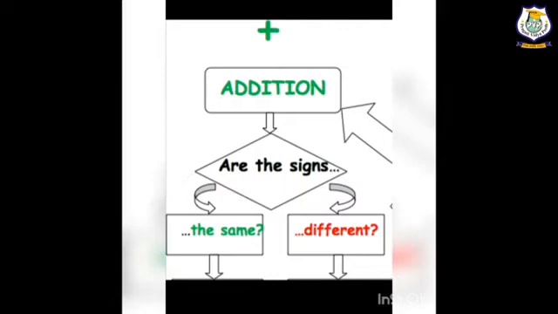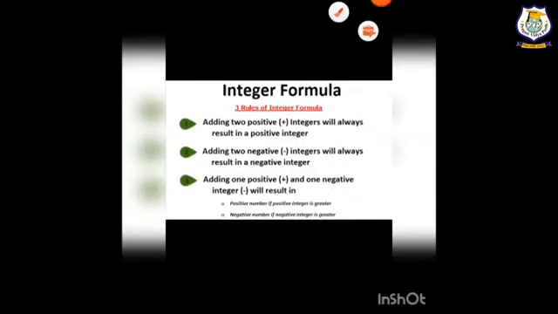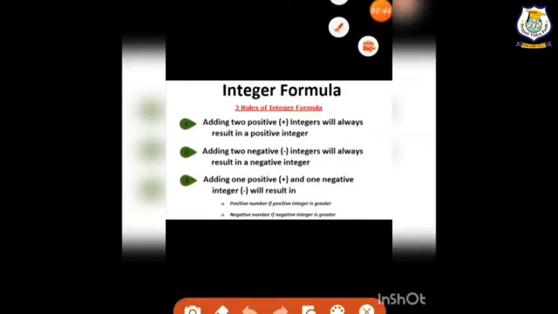Because of these negative numbers, we have to set some rules to do the addition and subtraction of integers. So before doing the addition and subtraction, we will learn the rules. Here are 3 rules for doing the addition and subtraction of integers.